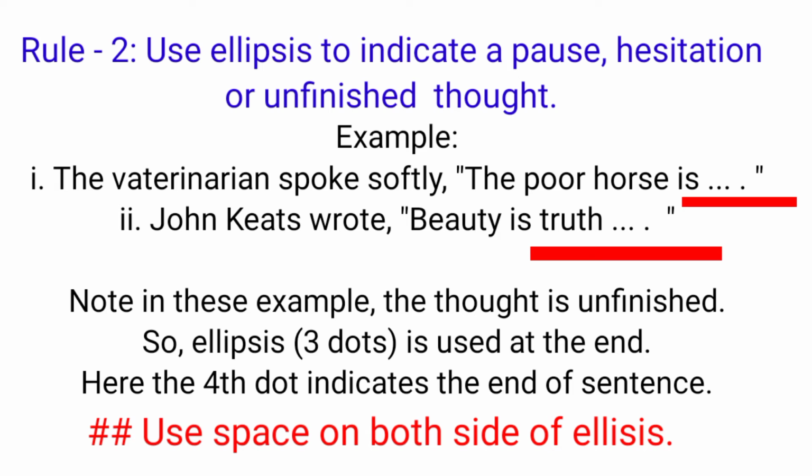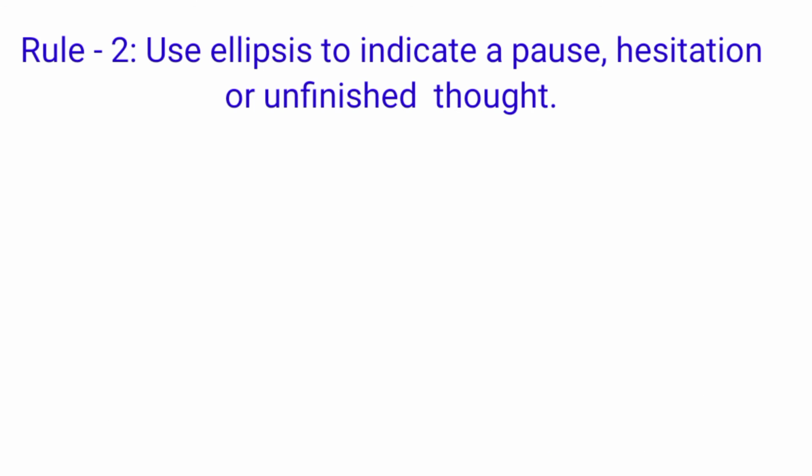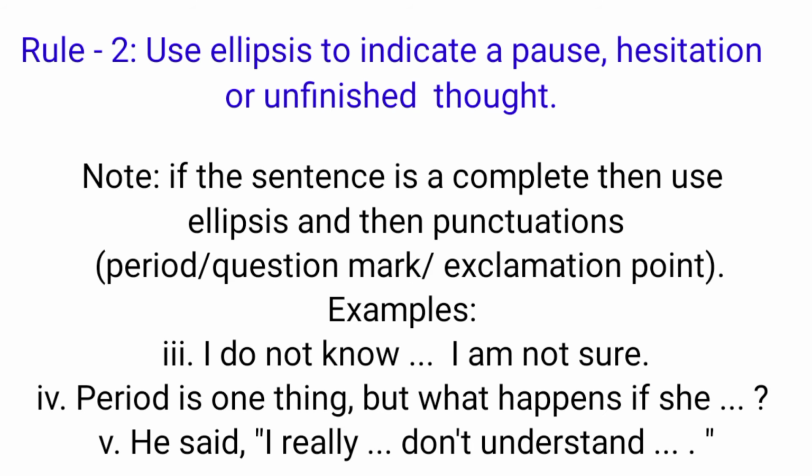In the sentence, if the sentence is a complete sentence, then use ellipsis and the punctuation, period or any other note of exclamation or question mark. I do not know. Another example: I do not know ... I am not sure.